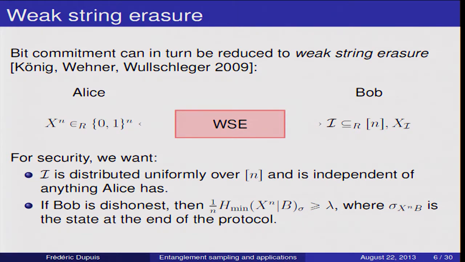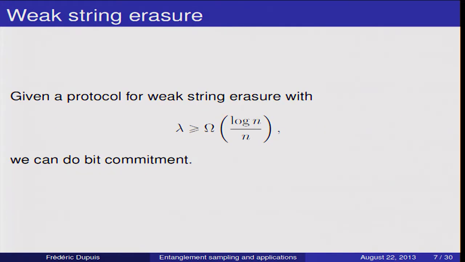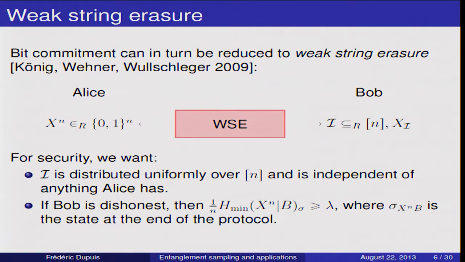I'm about to explain this a bit later, but for now, just view this as a lower bound on the uncertainty that Bob has about Alice's string. And it turns out that if we can come up with a protocol for weak string erasure with even a tiny lower bound on this quantity, so as soon as we have a slightly non-trivial bound on the uncertainty that Bob has about Alice's string, then the protocol works.